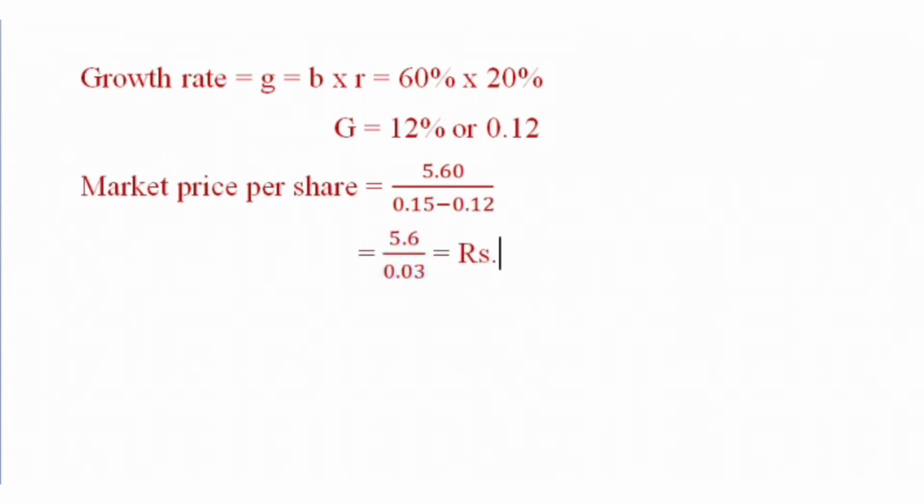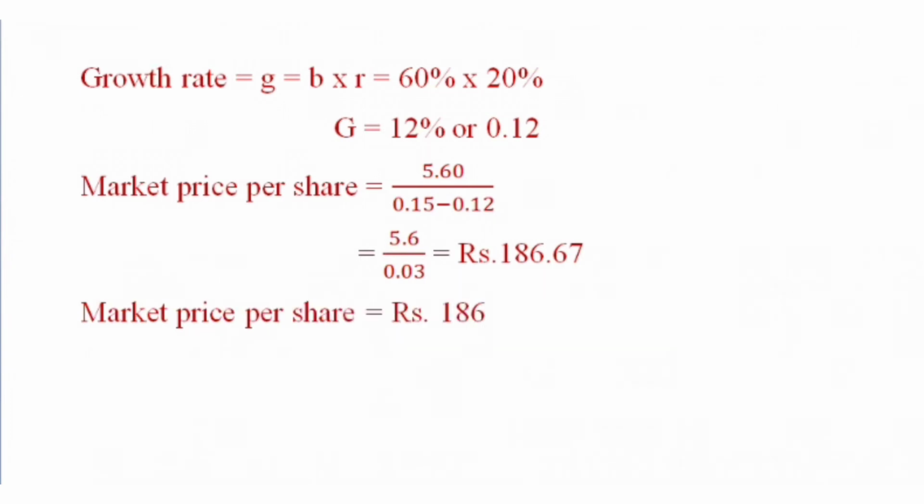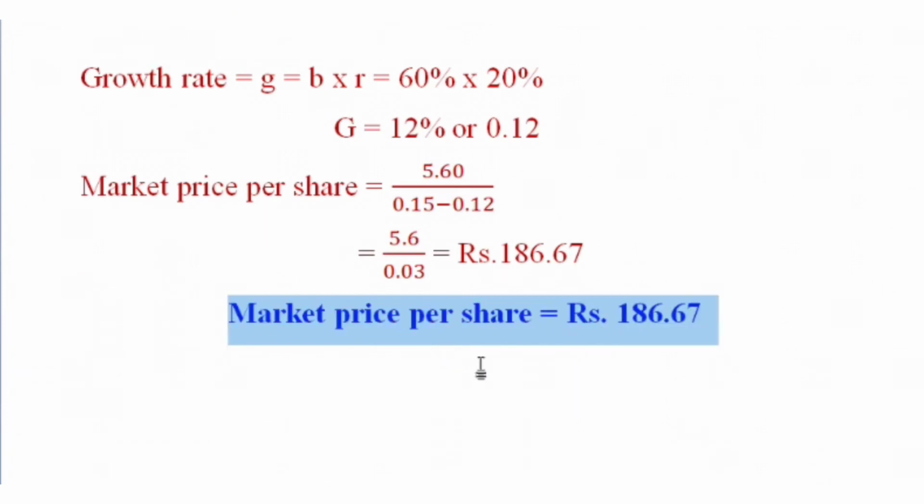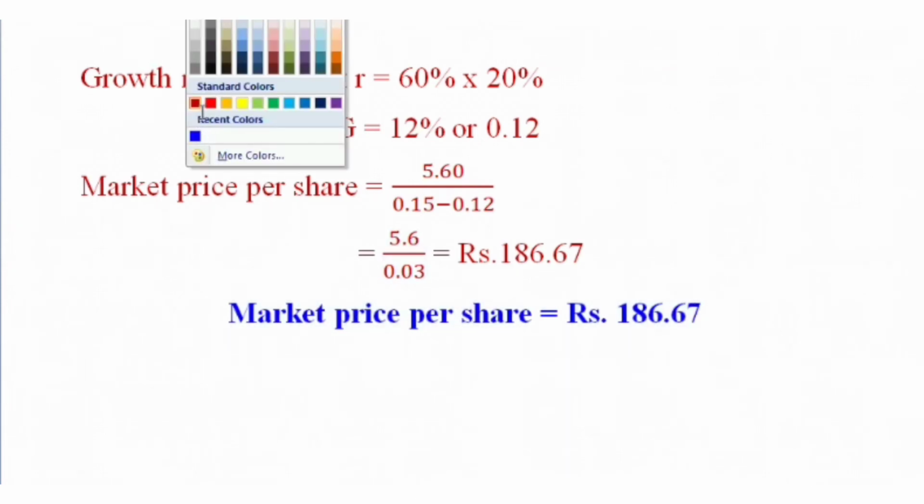You divide that and you will get the market price of 186.67, that is 186 rupees 67 paise. So when the retention ratio is 60%, the market price will be rupees 186.67.